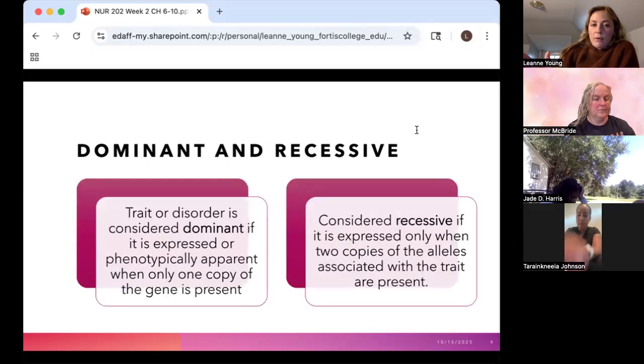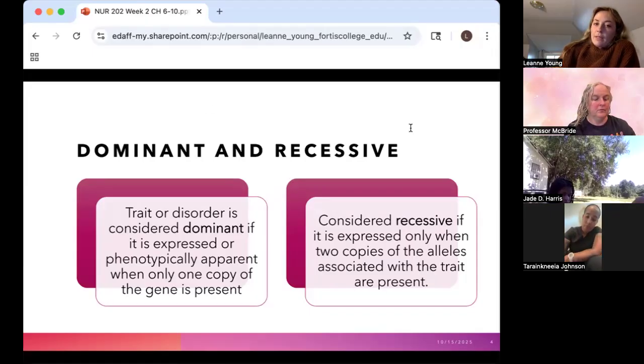Whenever we're talking about chromosomes and traits, we also need to talk about dominant and recessive traits. This concept has become a little bit more complex, specifically in X-related and X-linked disorders. A trait or a disorder is considered dominant if it is expressed or phenotypically apparent when only one copy of the gene is present.